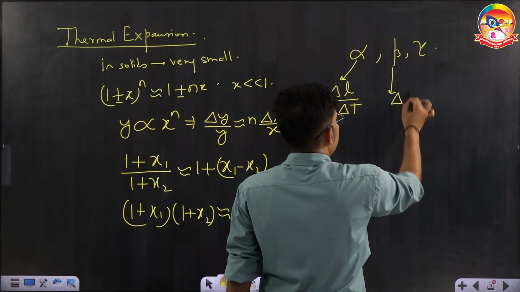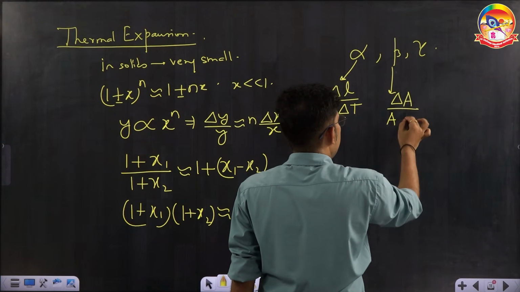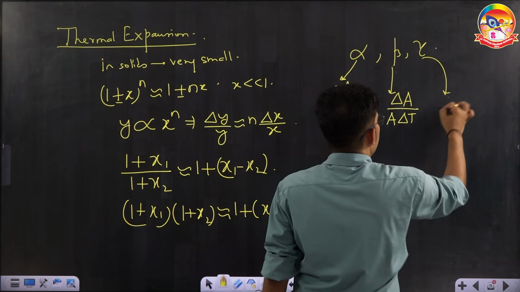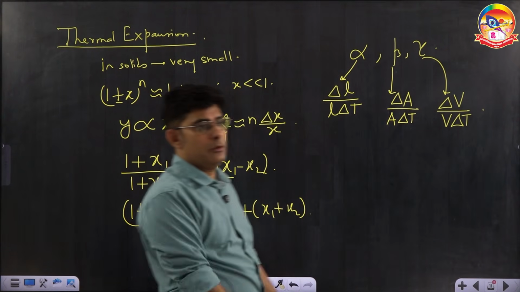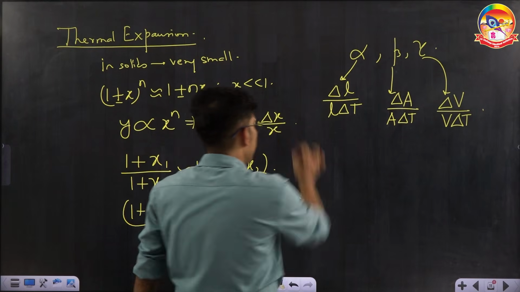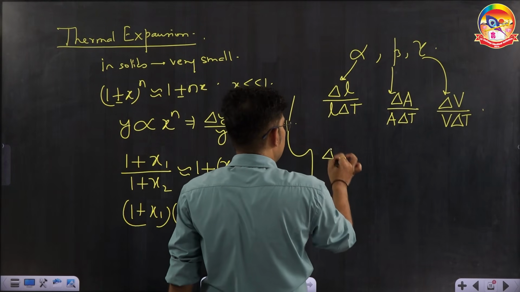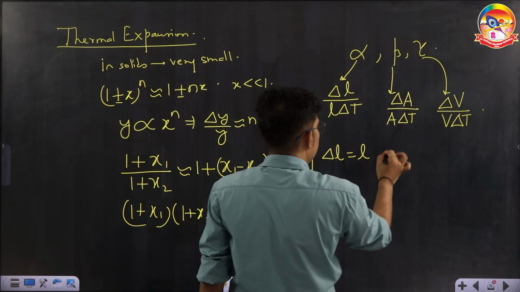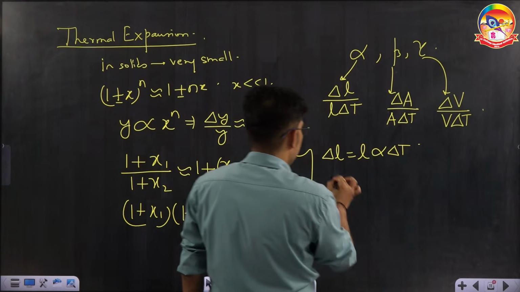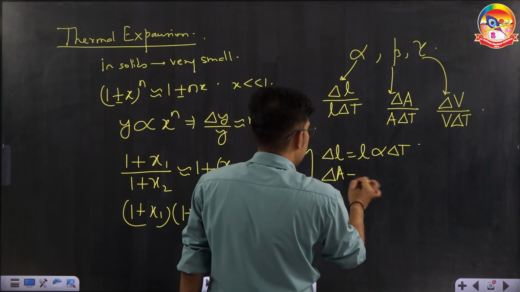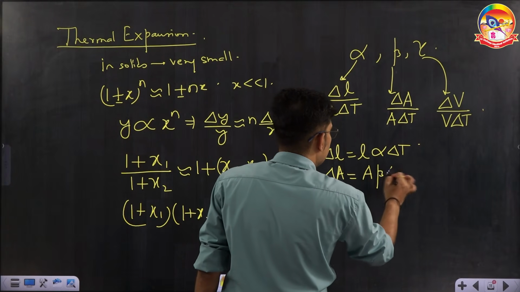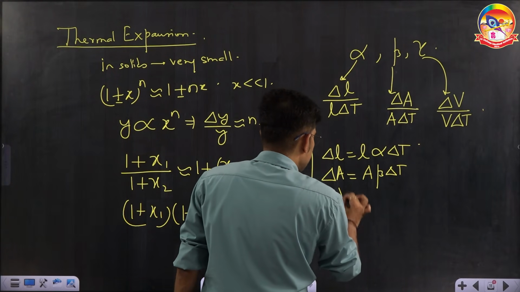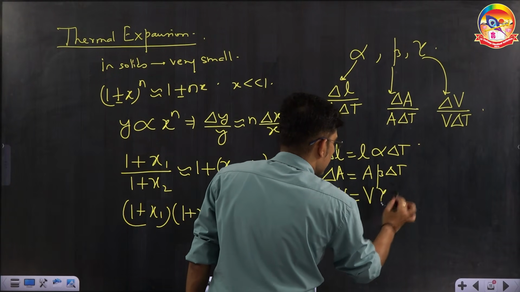Beta we use for surface area, delta A by A delta T, and gamma we use delta V by V delta T. So when they ask you free expansion, delta L we can directly write as L alpha delta T, similarly delta A as A beta delta T, and change in volume delta V as V gamma delta T.